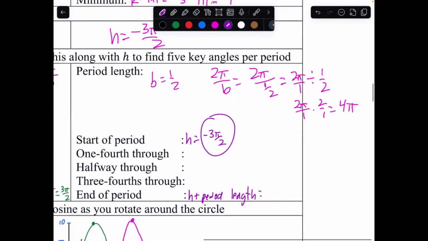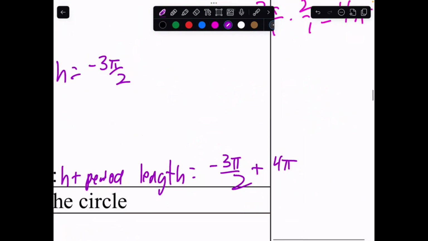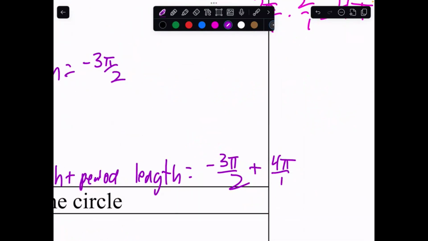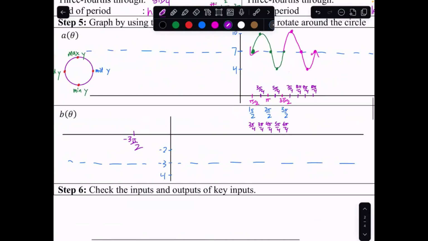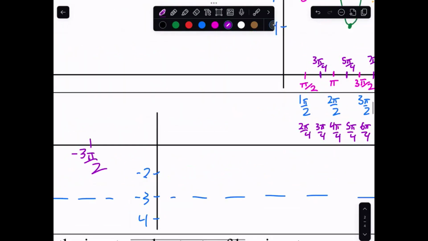So I started at -3 pi over 2, and then I add 4 pi to that. 4 pi over 1 is equivalent to 8 pi over 2. So -3 pi over 2 plus 8 pi over 2 is 5 pi over 2. Okay, so positive 5 pi over 2, I'll jump over to the other side.